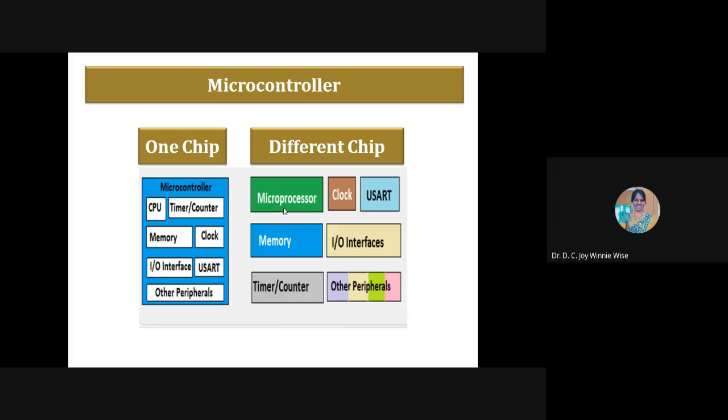To this we attach the clock, the USART, the memory, IO interfaces, timer and counter, and all the other peripherals, that is the keyboard and display controller 8279, 8259, 8255. So everything will be available as a separate chip, that is a microprocessor.